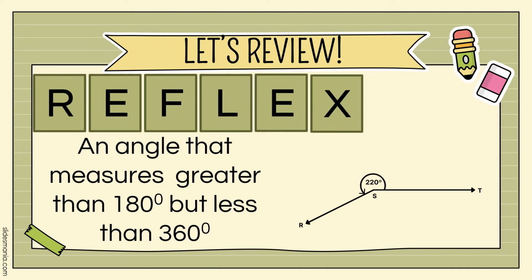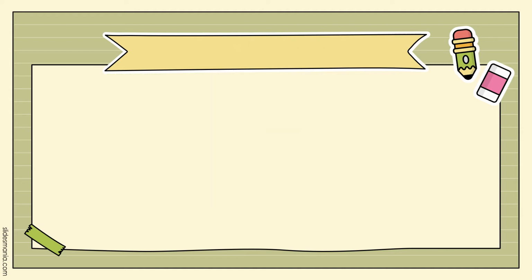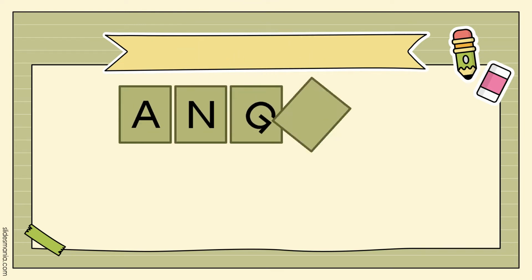I know that by this time, you have recalled and reviewed the different types of angles and different terms involving angles. I'm pretty sure that at this point, we can now proceed to the next part of our session, which is all about angle pairs.